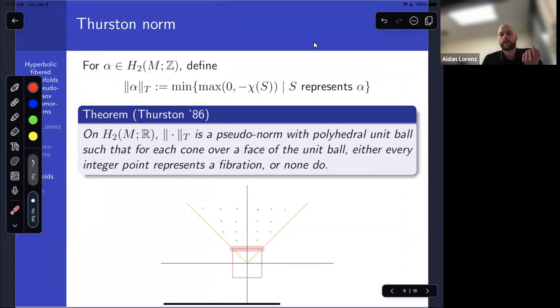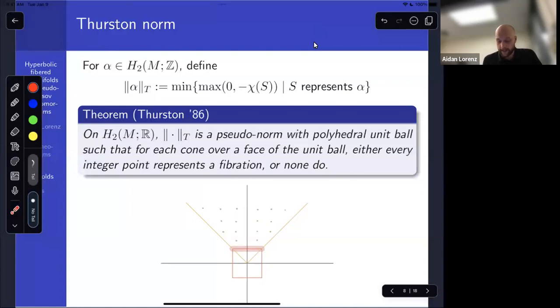What it means for an integer class to represent a fibration is that every integer class has a simplest embedded surface representative, like we talked about, and it represents a fibration if you can build this 3-manifold as a mapping torus from that simplest embedded surface representative.